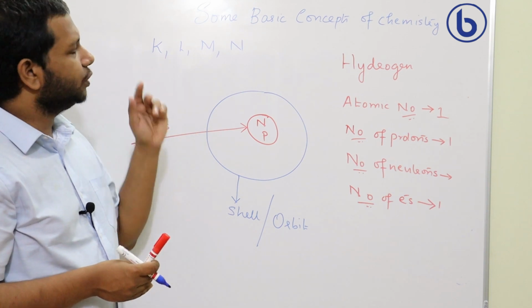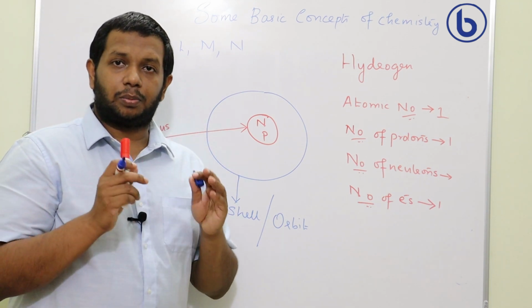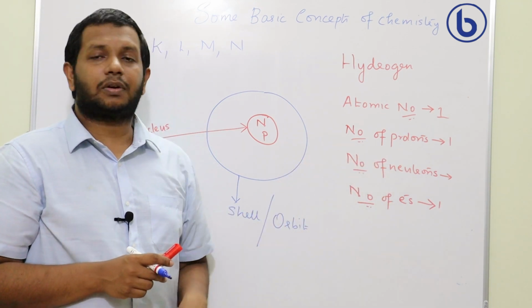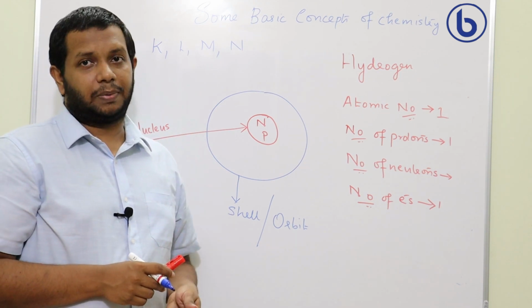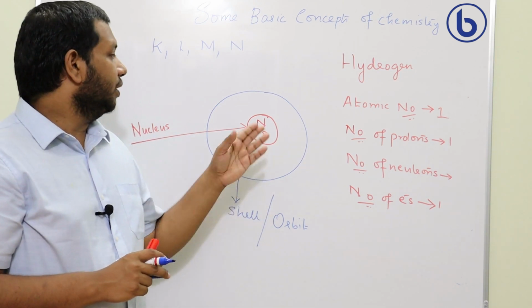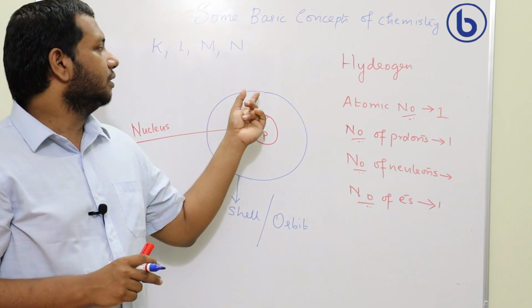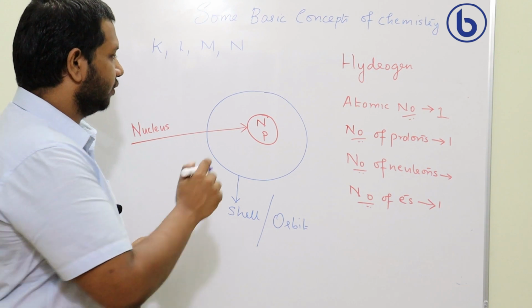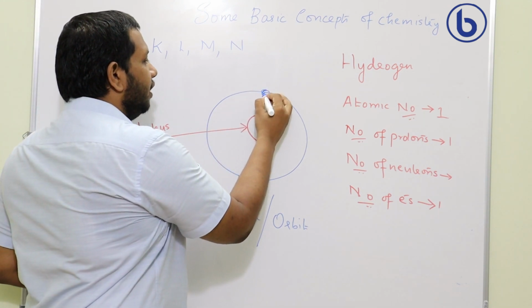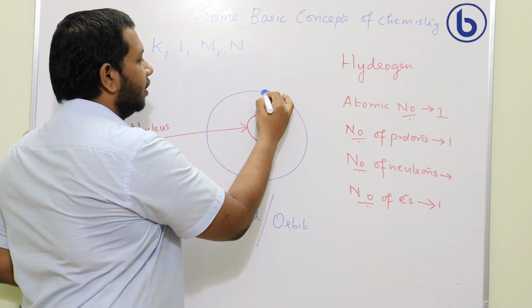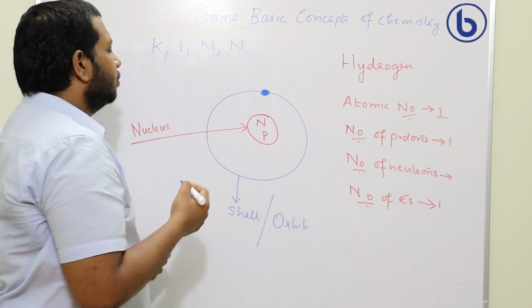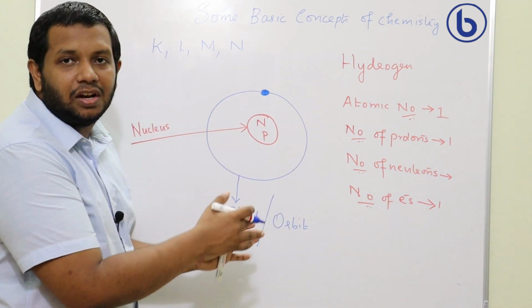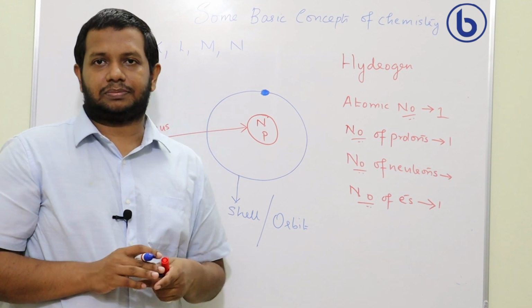For the hydrogen atom, the atomic number is 1, so the number of electrons is 1. In that case only one shell is required because only one electron is there. So I could say that one electron is revolving around the nucleus like this. This is also my valence shell for the hydrogen atom.